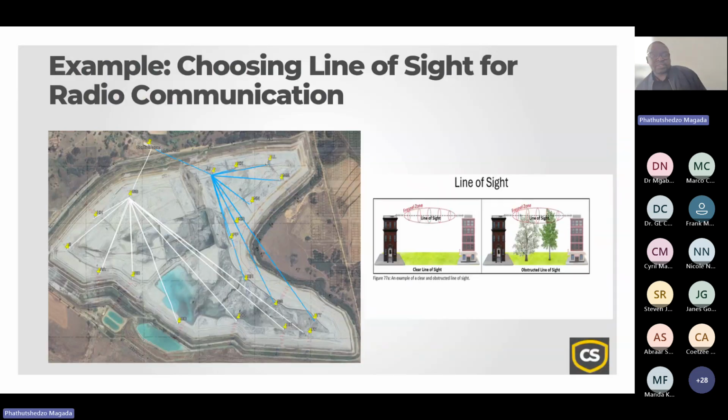In this slide, it's an example of where we were working with a client to choose a line of sight. In this case, the site was going to use radio communication channels. So we used Google Earth.